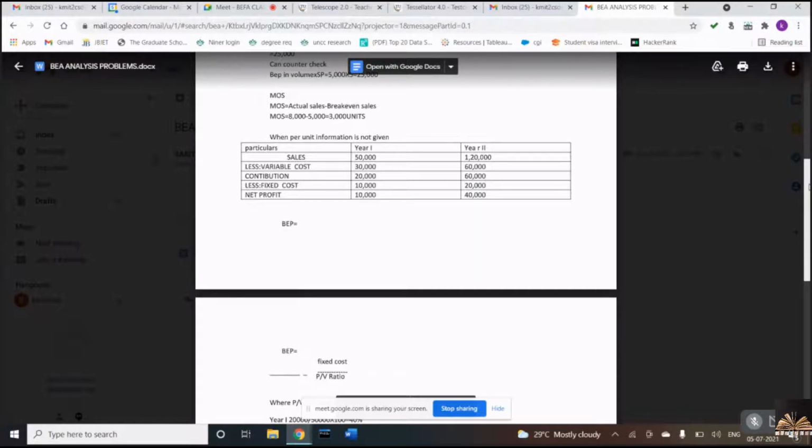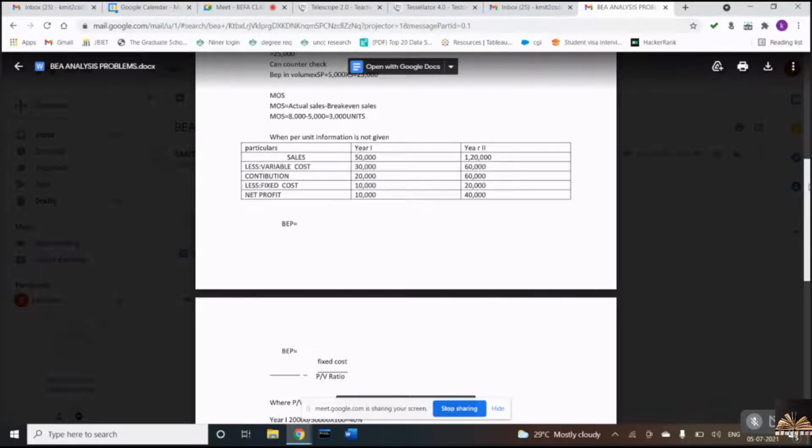Fixed cost: 10,000 and 20,000. Variable cost: 30,000 and 60,000.